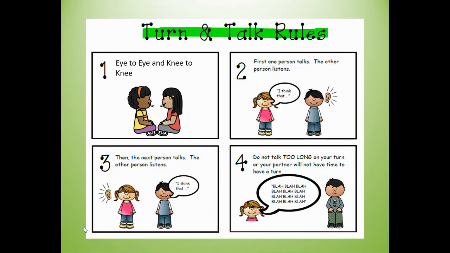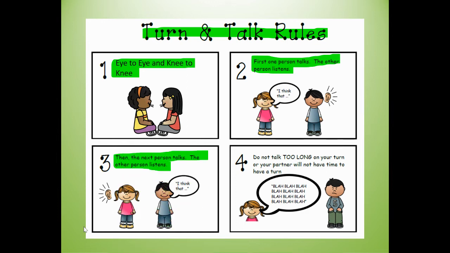So, if you have a partner at home or you're at school and you have a partner, here are our turn and talk rules. Number 1, you are eye to eye and knee to knee. That means you are facing and looking at your partner face to face. Number 2, first one person talks, the other person listens.